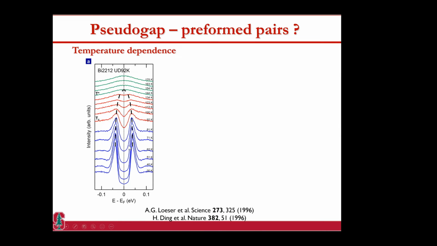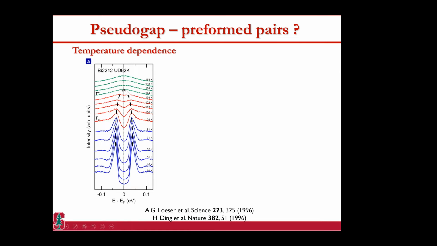The spectrum has been symmetrized, but for this purpose it's okay. As you increase the temperature, the gap persists up through the superconducting transition temperature. It certainly doesn't close there, and only closes at a temperature substantially higher than the superconducting transition temperature. So this gap in the normal state is the phenomenology of the pseudogap in one sense.